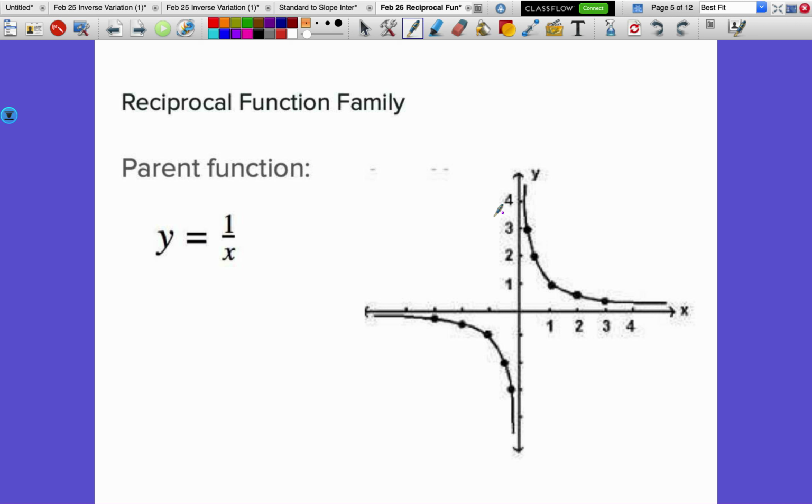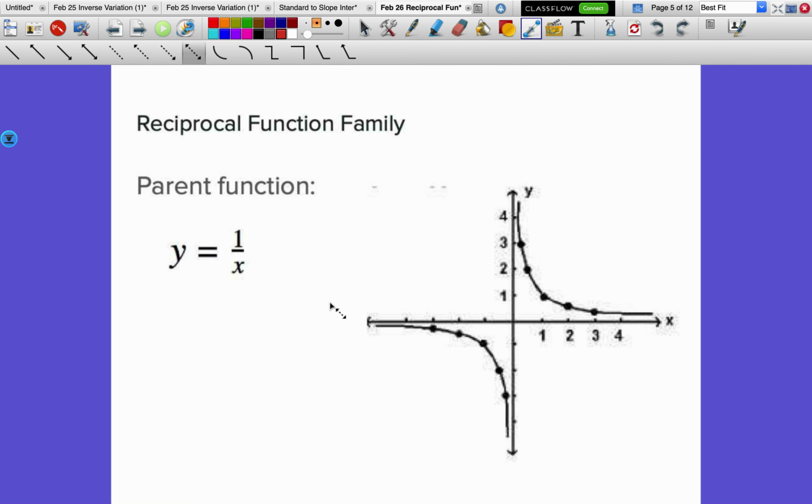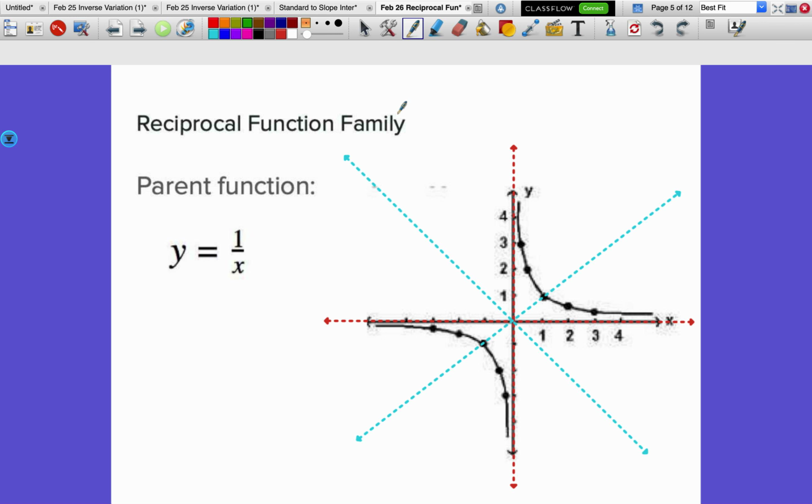Okay, so we saw this in class very recently, but here is a graph of y equals 1 over x. The main features are a horizontal asymptote along the line y equals 0, a vertical asymptote along the line x equals 0, and then an axis of symmetry along the line y equals x and y equals negative x.